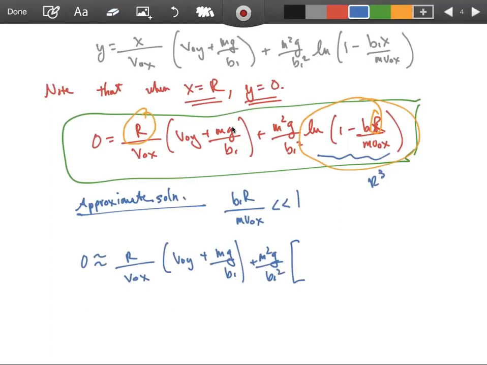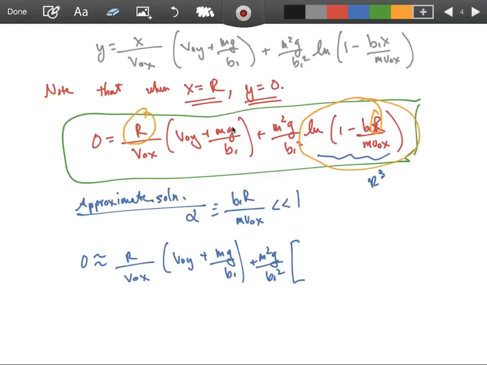I can look up what the Taylor series expansion is, and what I get is that if I call this x, another parameter, we'll call it alpha, this thing is going to go as alpha.